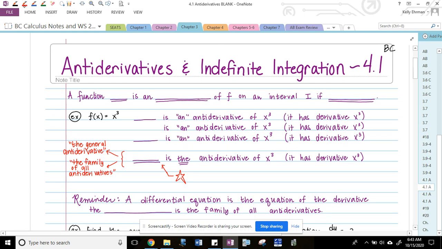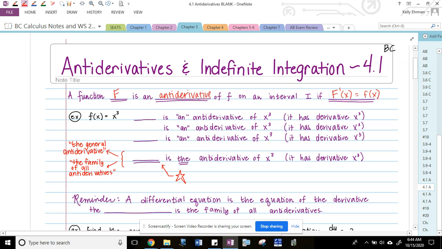So we can say a function capital F is an antiderivative of lowercase f on an interval I if capital F prime of x equals lowercase f of x.